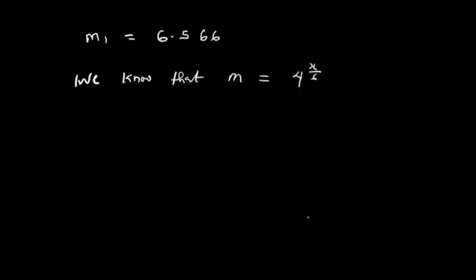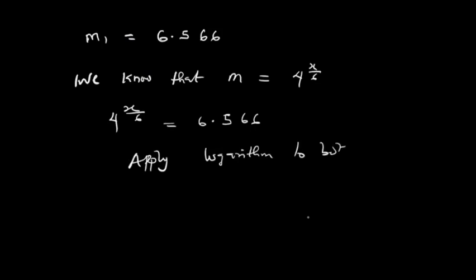So the next thing I'm going to do is 4 to the power of x over 6 is equal to 6.566. So how do we get x? I'm going to apply logarithm to both sides.